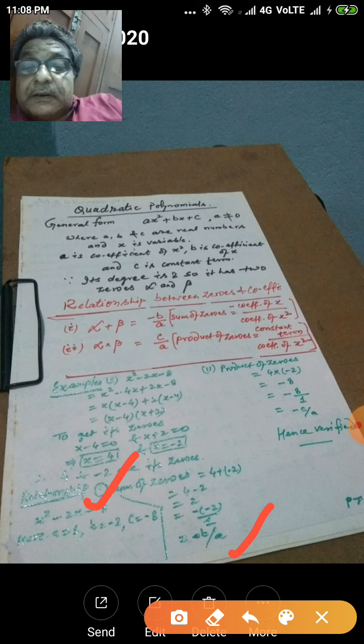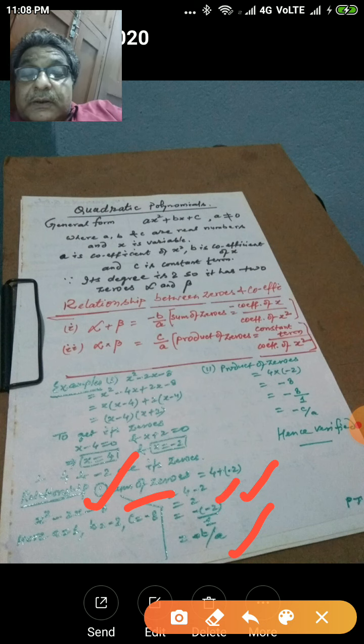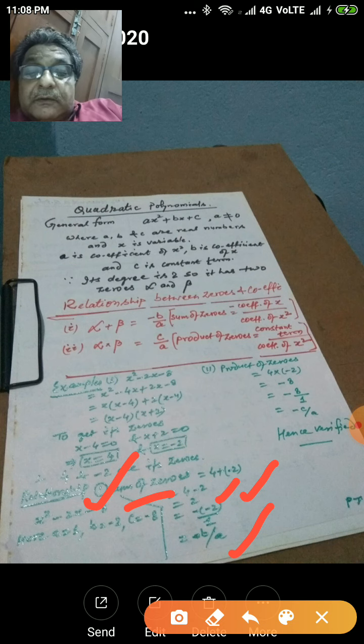So I have taken in that way sum of zeros, that means the two zeros should be added here. So 4 plus bracket minus 2, which ultimately gives 2. Now 2 can be written as minus minus 2, which ultimately means 2, divided by 1, because there is nothing in the denominator, so 1 is hidden.